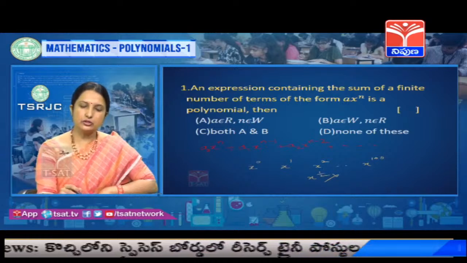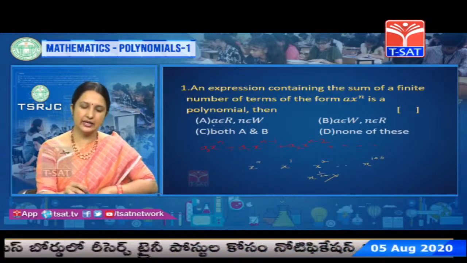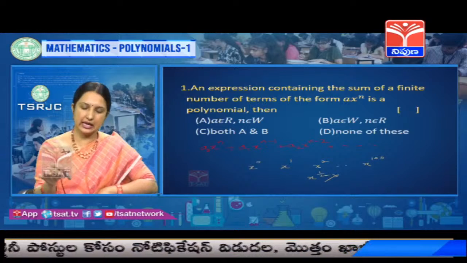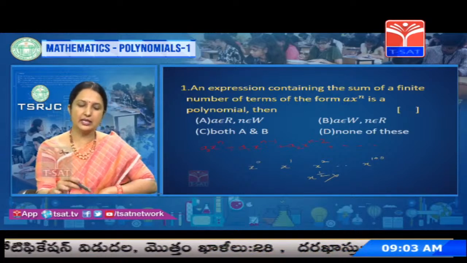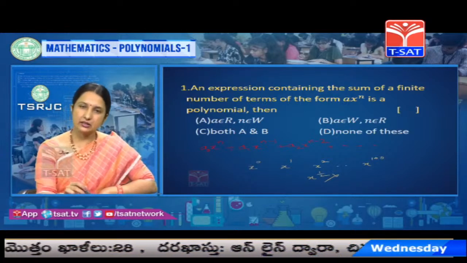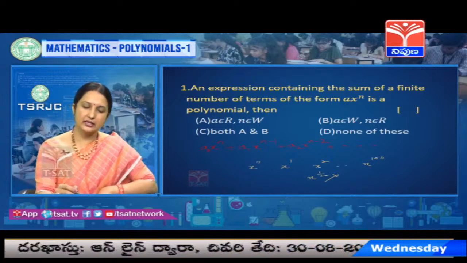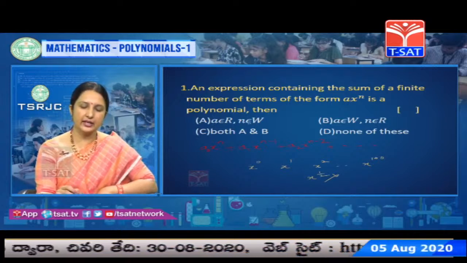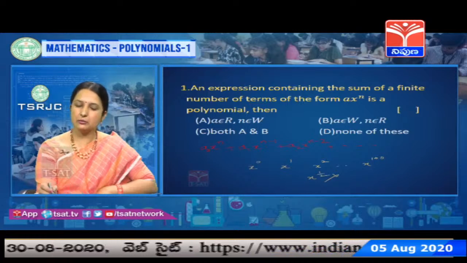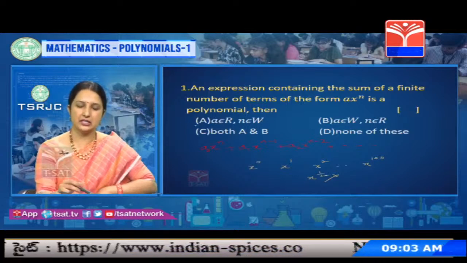So, the powers should be whole numbers and the coefficients should be real numbers. Then only it is called a polynomial. So, what are the conditions? a belongs to R and n belongs to W. In which option is it? In the first option it is there.